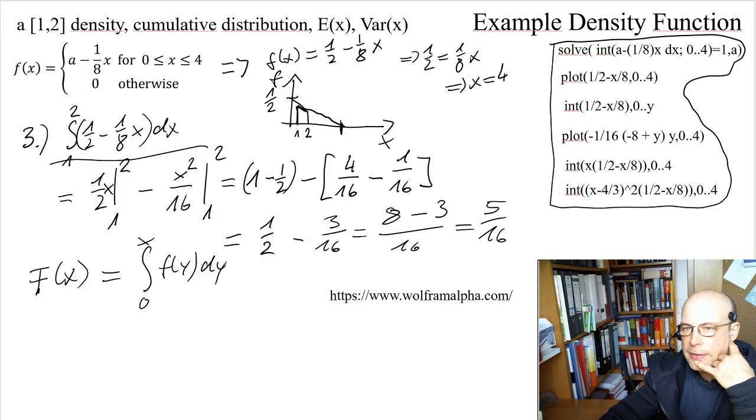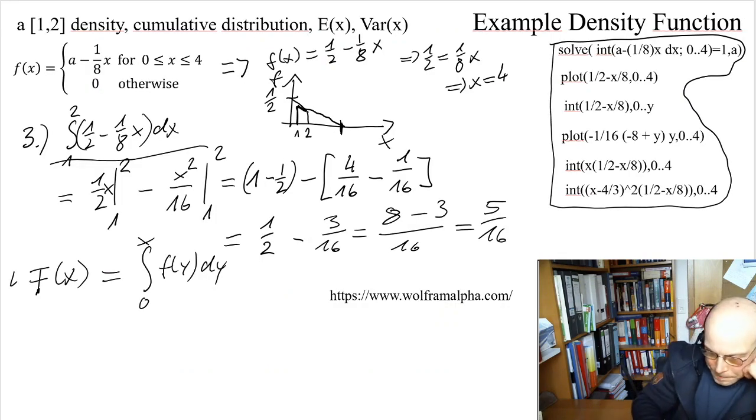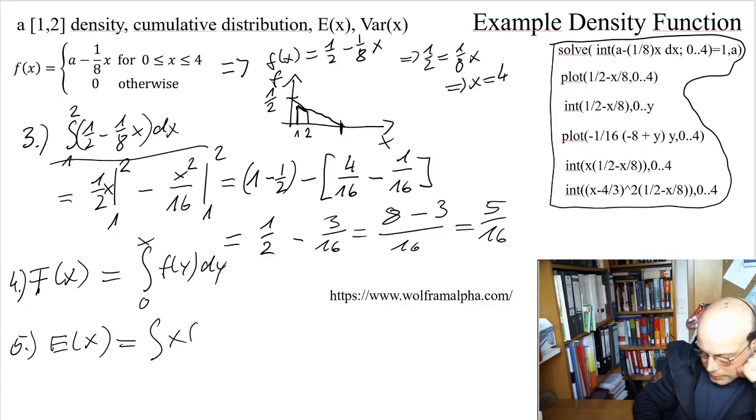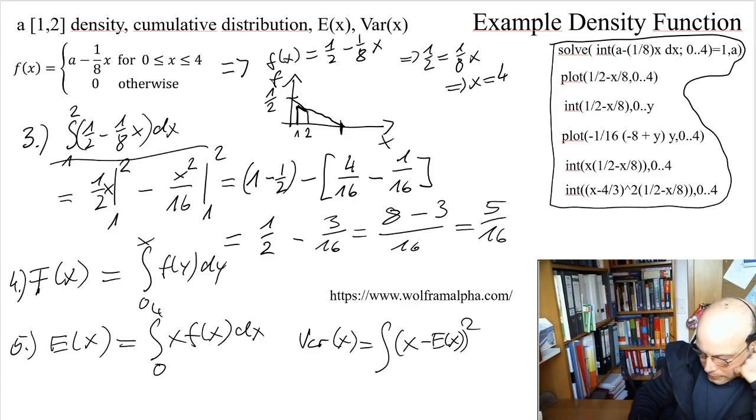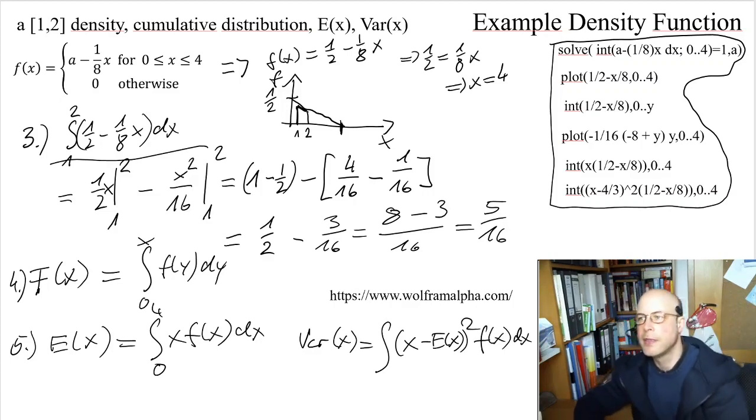Expected value and variance. This would mean then just calculate. Yeah, maybe you can do it as homework. Integral over x times f of x from 0 to 4 dx, and variance of x is the integral of x minus expected value of x, squared, times f of x dx. Just put the numbers in and then you will find the right values.